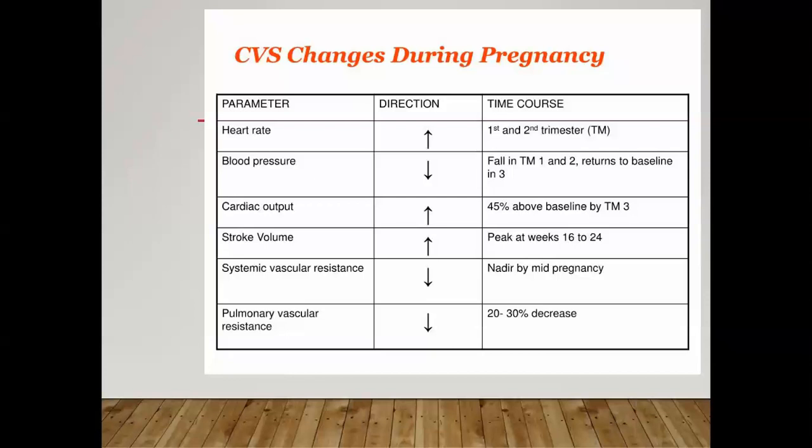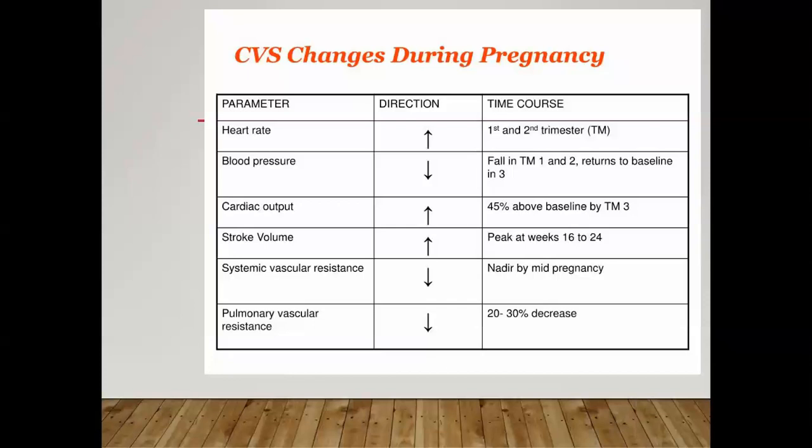The cardiac output, because of the increase in blood volume, is increased about 45% above the baseline, especially at the end of the third trimester. Stroke volume also increased, and it peaks at 16 to 24 weeks of gestation.